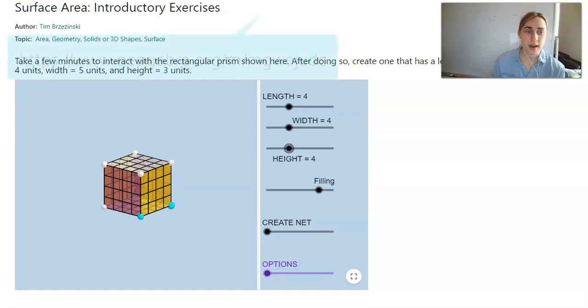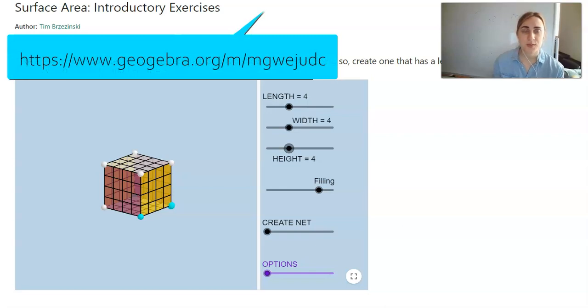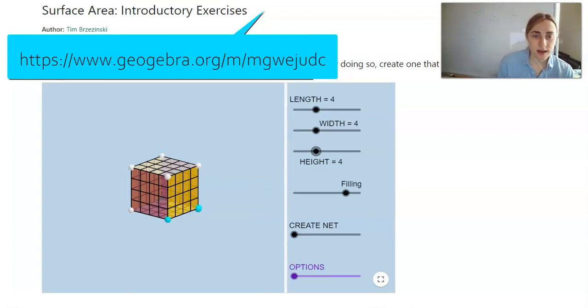So here we are back on GeoGebra. We've used this website before, and I'll put the link to the website at the top of the screen. On this website you can see I have a 4 by 4 by 4 cube. So the edge length is 4, and we can ask ourselves what would the volume be. You can adjust the length, width, and height to suit the problem that you're answering.